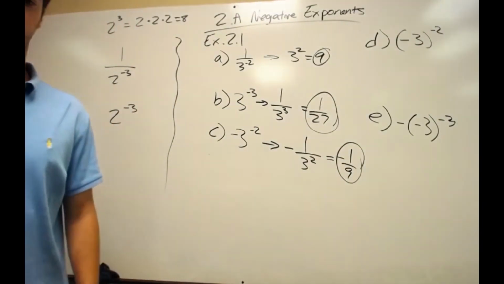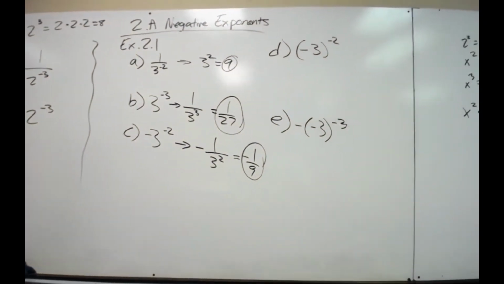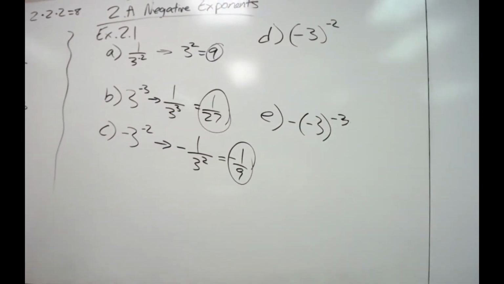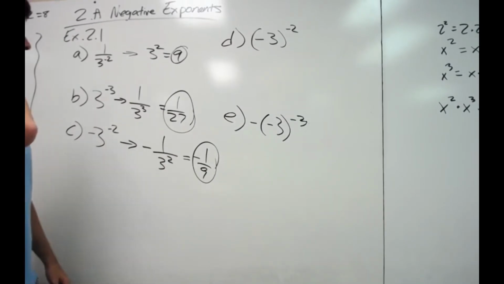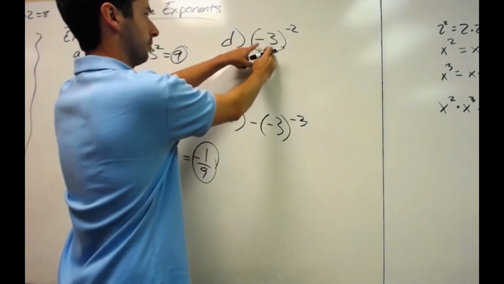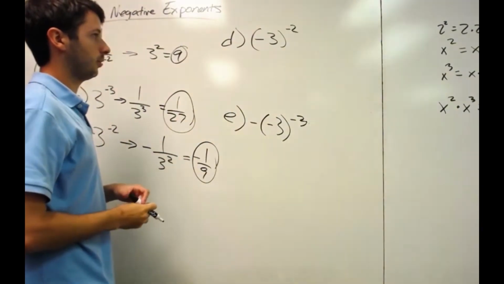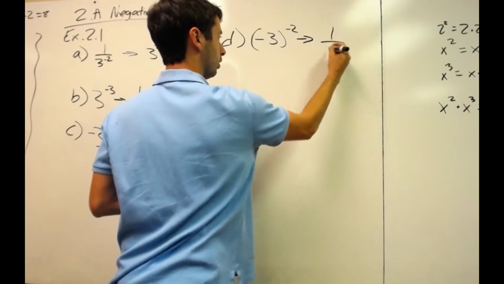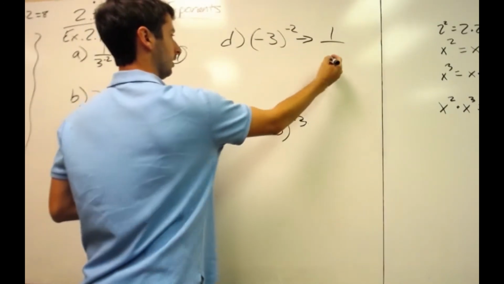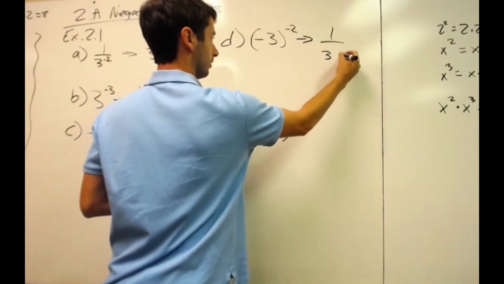Moving to a couple trickier ones. For D, it gives us negative 3 negative squared, but the negative 3 is in parentheses. Well, what that means, let's go ahead and switch it to 1 over 3 negative squared.